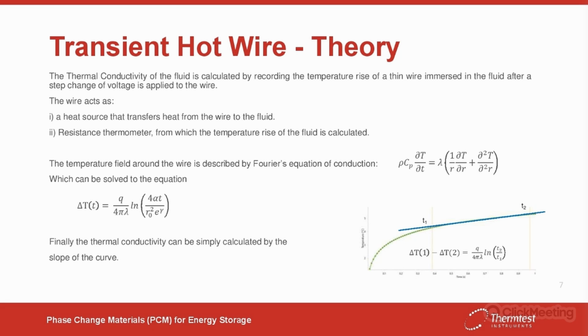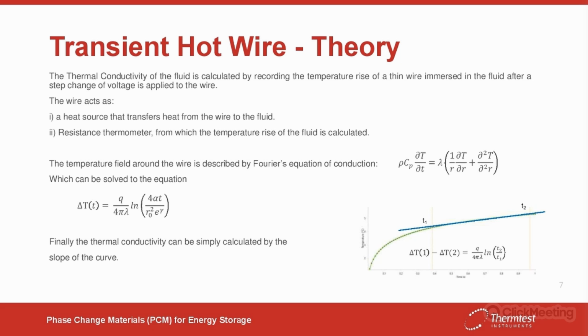So, as I mentioned at the beginning of my presentation, we measure our PCMs with the transient hot wire technique. As most of you already know from previous webinars, the transient hot wire technique is the primary technique for the measurement of thermal conductivity of liquids, because of the full theory behind it.